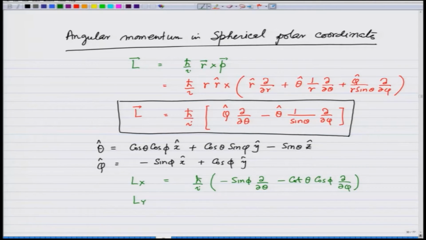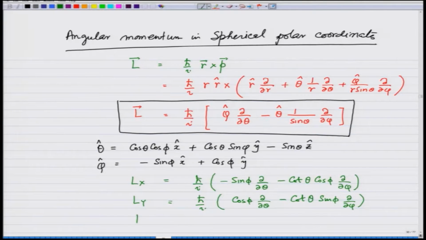Ly is going to come out as h cross over i cosine of phi d by d theta, and then I have minus cotangent of theta sine of phi d by d phi.